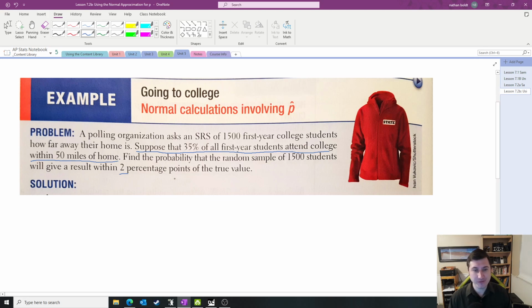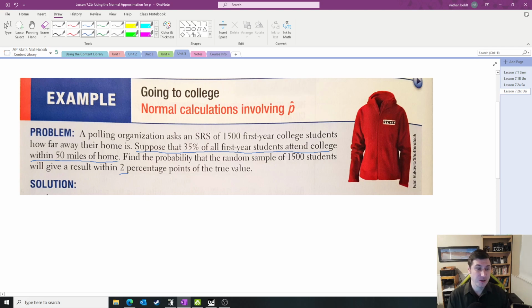Now this one threw me off a little bit at first because they're asking them how far away they live. But then they're getting the proportion that are within 50 miles. So yes, the respondents would say, hey, I live 30 miles away. Or I live 20 miles away. I live 2 miles away. That's what their answers would be.